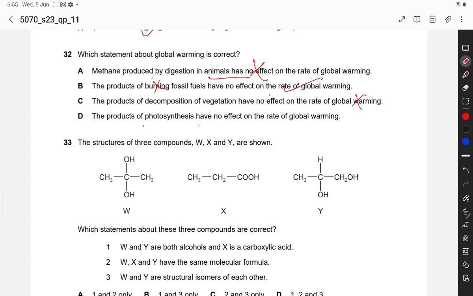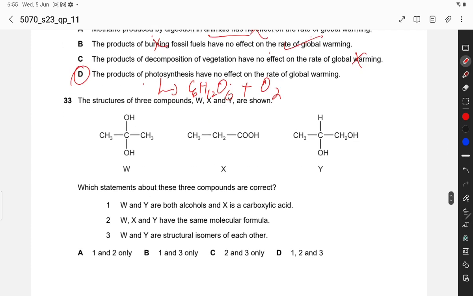The products of photosynthesis have no effect on the rate of global warming. Yes, this is the correct option, because the products of photosynthesis are glucose and oxygen, and both have no effect on the rate of global warming. So D option is correct.